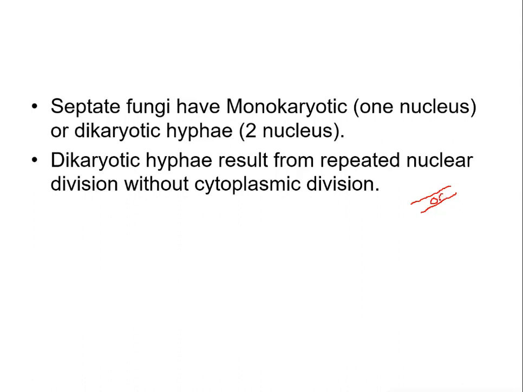The nucleus divides into two without the division of the cytoplasm. If the cytoplasm divided, it would be like this. But now only the nucleus is dividing. That's why this is dikaryotic hyphae, resulting from repeated nuclear division of the nucleus only, without the division of the cytoplasm.